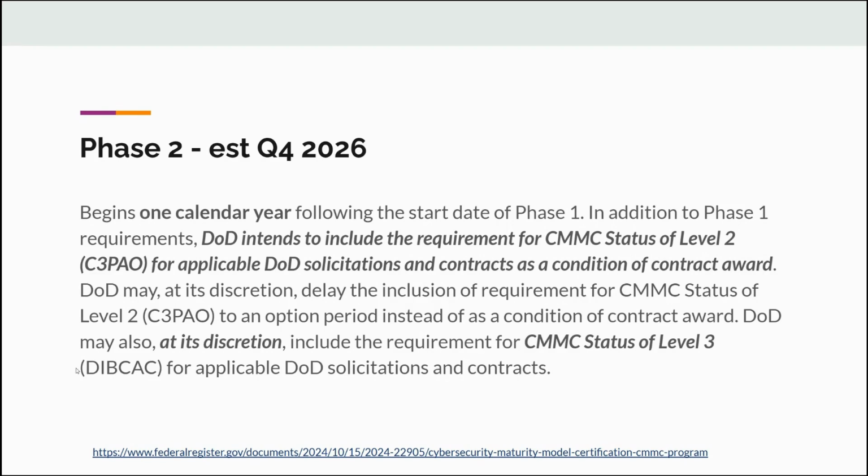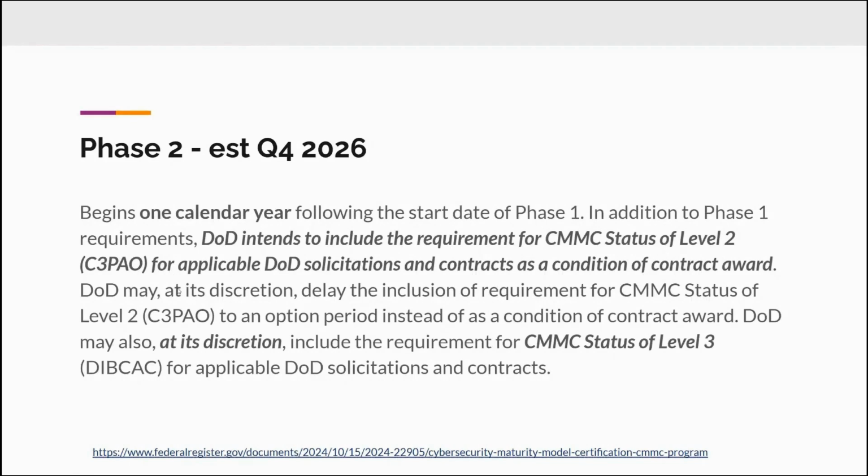So in addition to phase 1 requirements, which we hashed out multiple times, it's going to be applying to all, but going to be self unless they choose to say, hey, these definitive contracts or solicitations must have a C3PAO cert. DoD intends to include the requirement for CMMC status of level 2 C3PAO for applicable DoD solicitations and contracts as a condition of contract award.